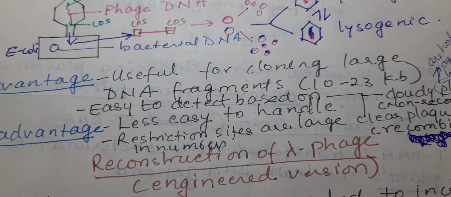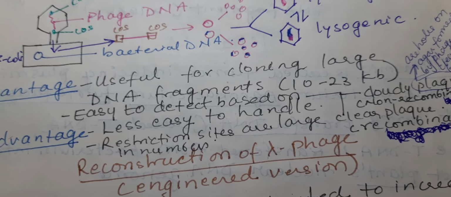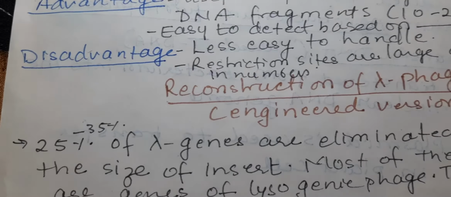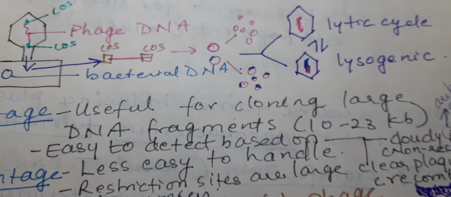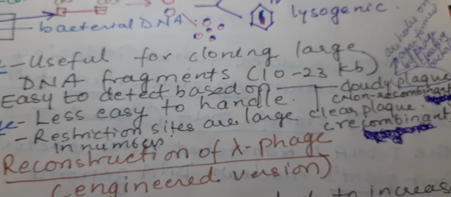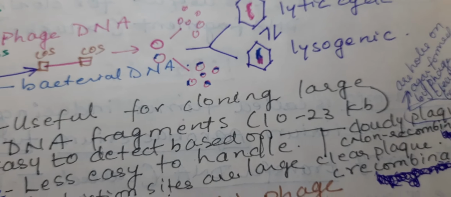In that, a lot of unnecessary genes which are not required by the phage are removed. Around 25 to 35% of lambda genes are eliminated to increase the size of the insert. Insert means foreign DNA, because right now its capacity is 10 to 23. So if you eliminate more genes from lambda phage, then a larger insert could fit into this DNA.